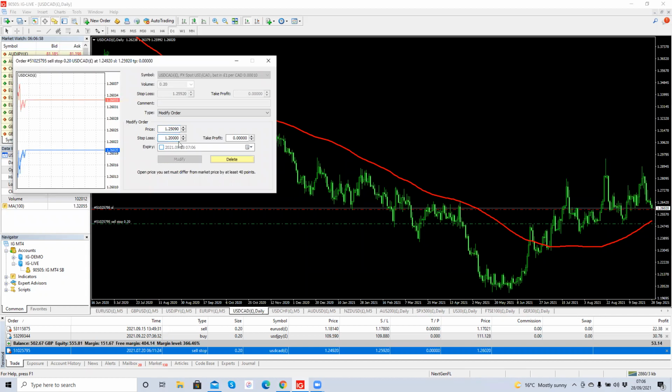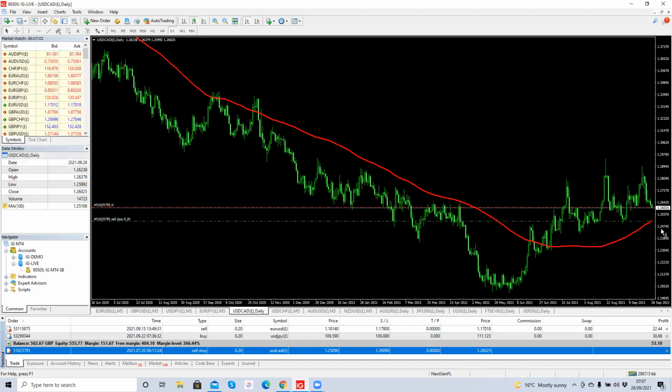So 100 pips will be 1.2609. So that's my USD CAD swing trade done. I'll just keep adjusting my pending sell order until the market breaks the moving average and takes my order. So that's it for the swing trade.